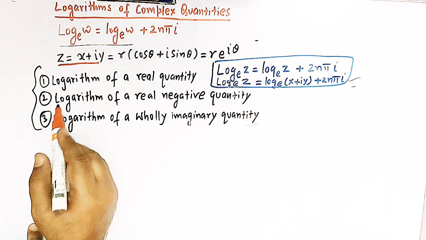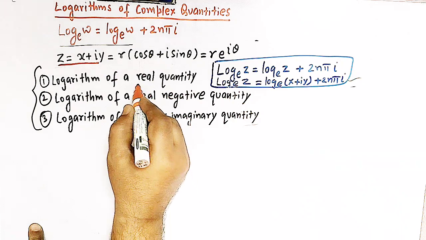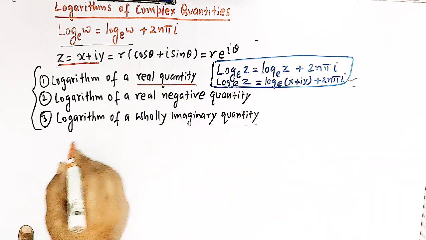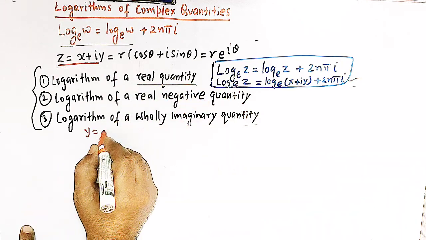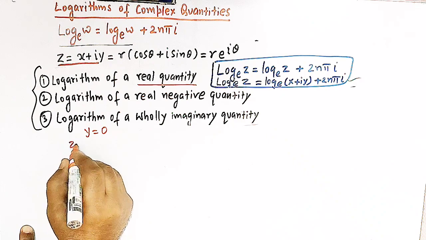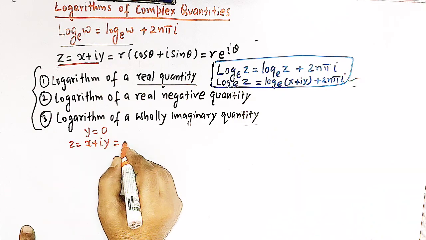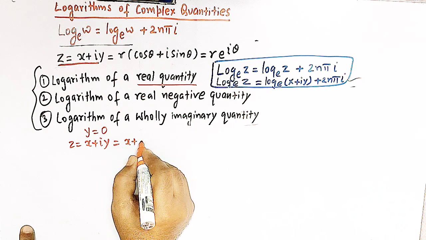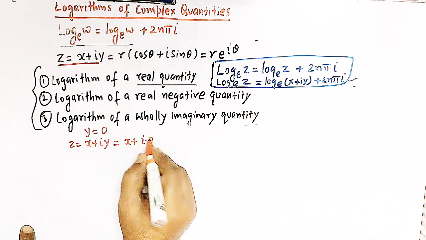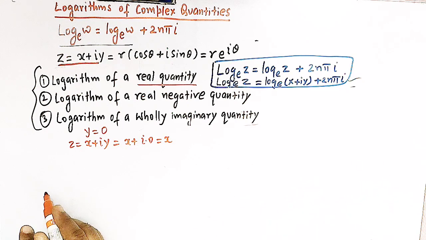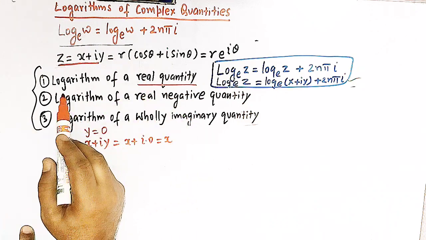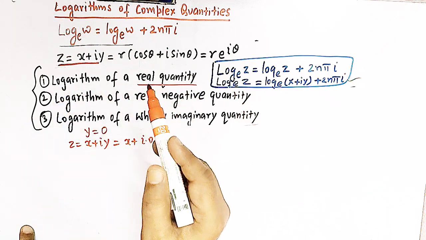When we have to consider the logarithm of a real quantity, then we have to take y equal to 0, because z is x plus iy. So when we take y equal to 0, then we have x plus I times 0, that is simply x, right?